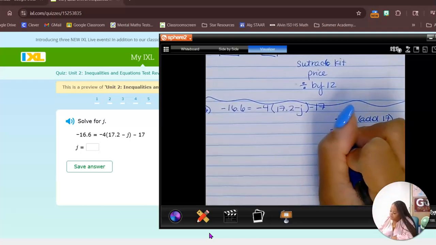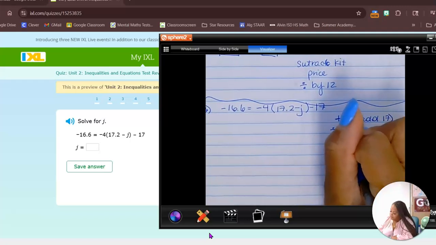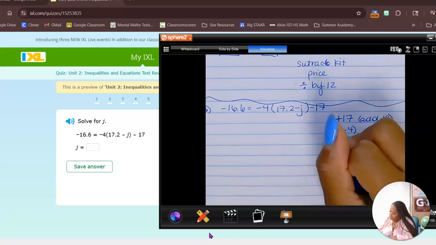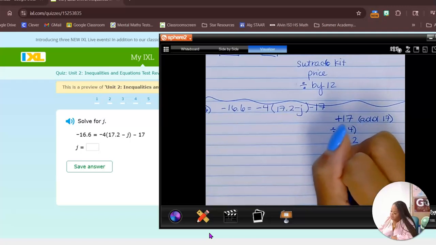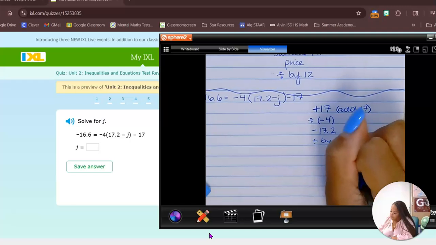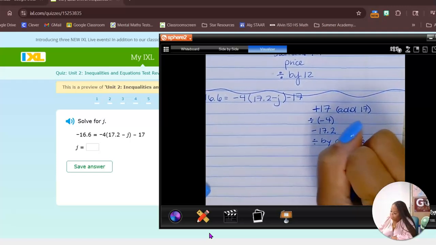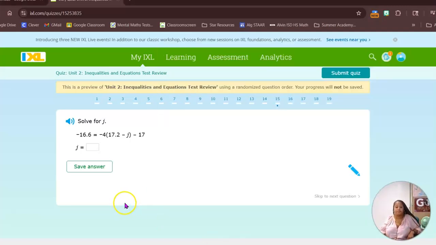Then we need to divide by -4. Then we need to subtract 17.2. And then we need to divide by the coefficient of j. And there is an invisible number there, and it's got a symbol as well.